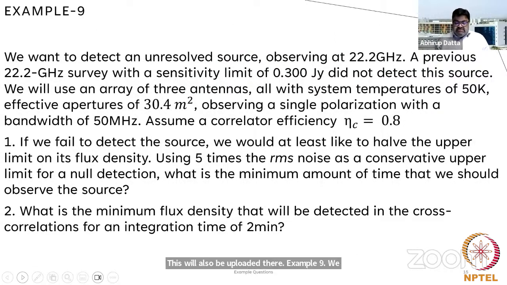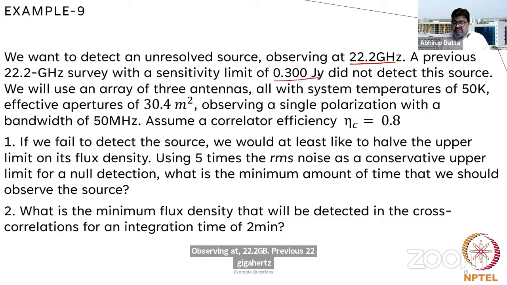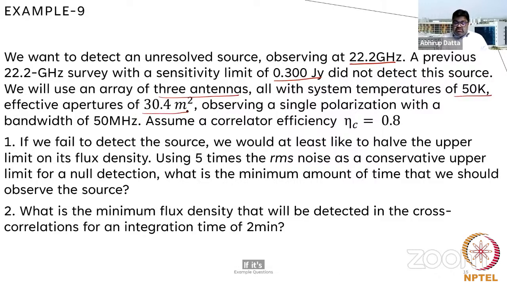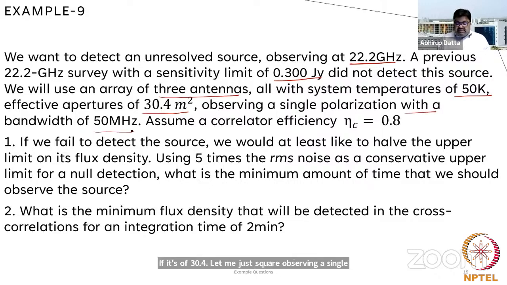Example 9, we want to detect an unresolved source observing at 22.2 gigahertz. A previous 22 gigahertz survey with a sensitivity of 0.3 Jansky did not detect this source. We will use an array of 3 antennas, all with system temperature of 50 Kelvin, effective apertures of 30.4 meters square, observing a single polarization with a bandwidth of 50 megahertz, assuming correlation efficiency of 0.8.